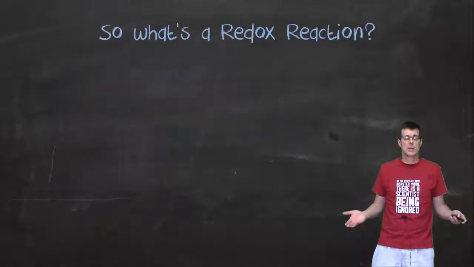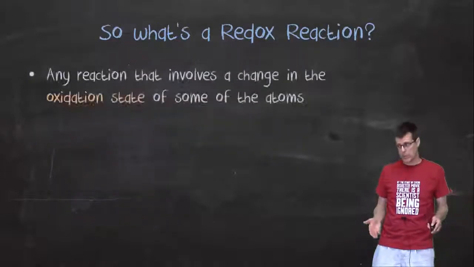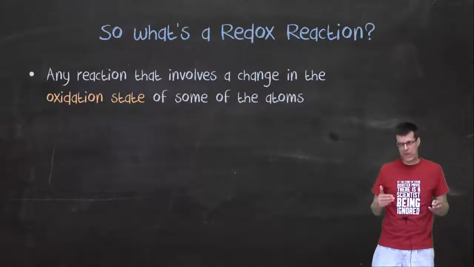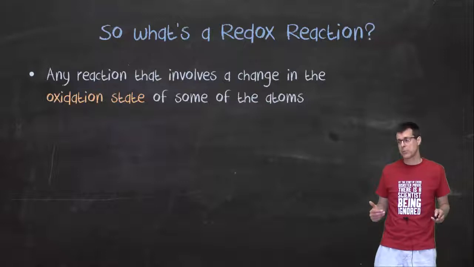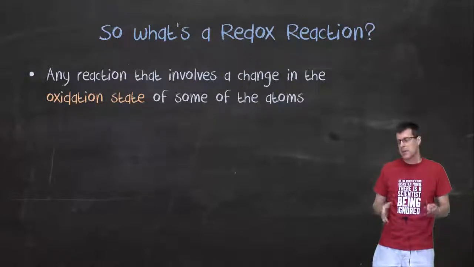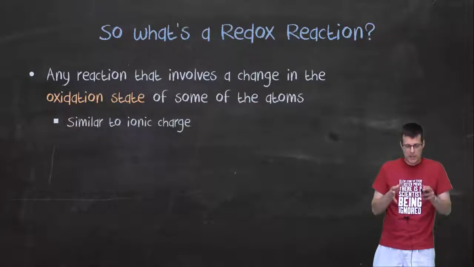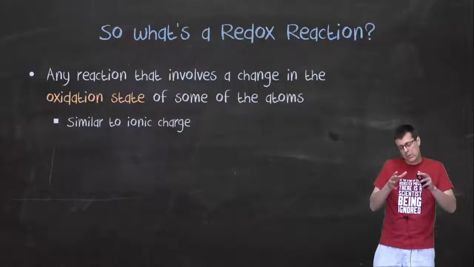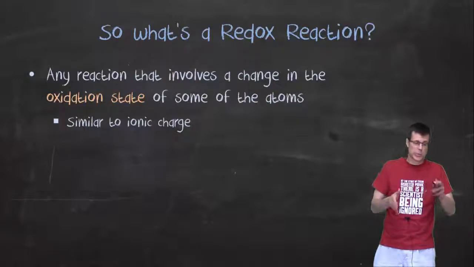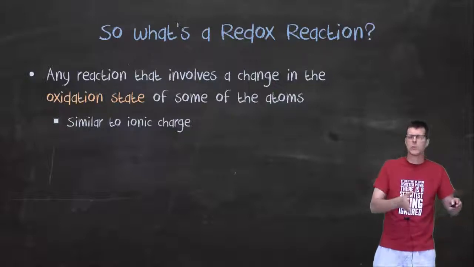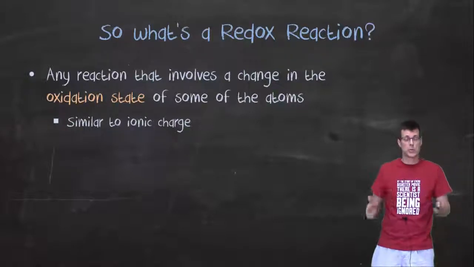Okay, what are we talking about when we call something a redox reaction? The modern chemistry understanding of a redox reaction is a reaction where you have a change in an oxidation state. Now, an oxidation state is similar to an ionic charge, but more broad. For an ionic bond between a metal and a non-metal, the oxidation state and what I would have called the ionic charge are going to be the same.